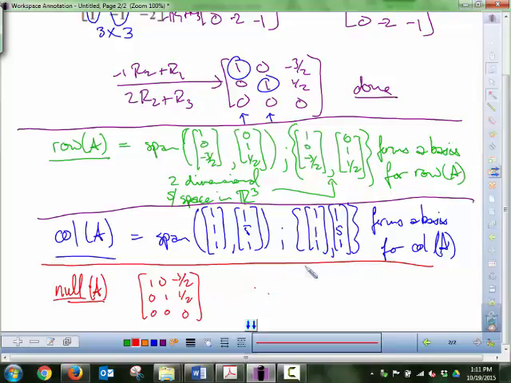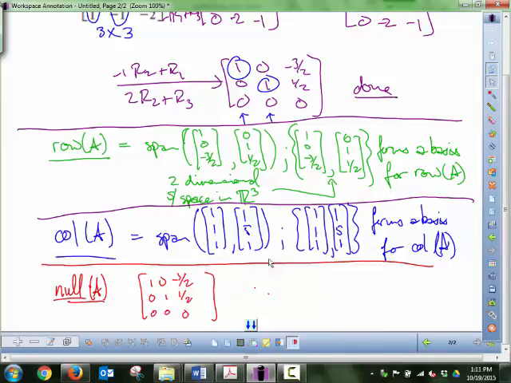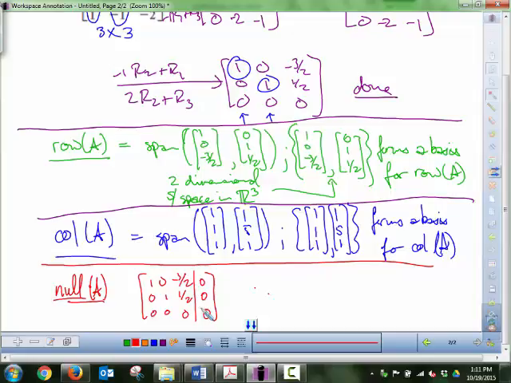And what we want to do is kind of back solve. Pretend that we are looking at the augmented matrix, the homogeneous system, where you have zeros on the right-hand side, and then we're solving for this.